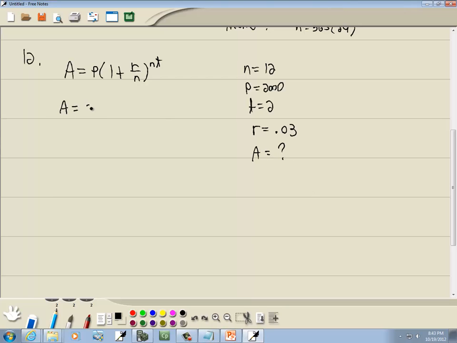Okay, so put 2,000 in for the P. 1 plus r, which is 0.03, divided by n, which is 12, raised to the n times t, which is 2. Now you'll be better off to do part of this in your head. So I got 2,000 times 1 plus 0.03 over 12, raised to the 12 times 2, which is 24.